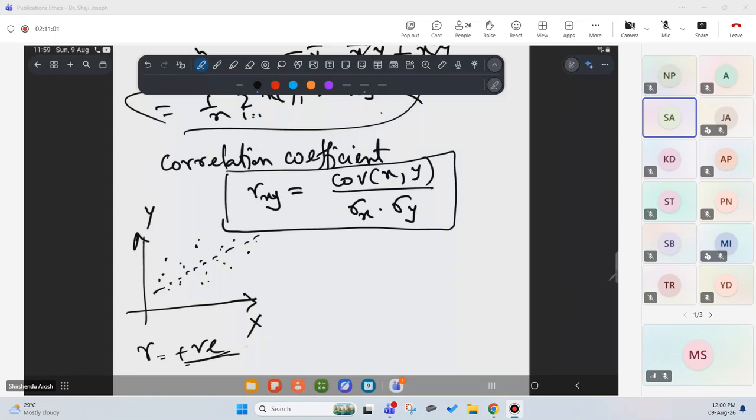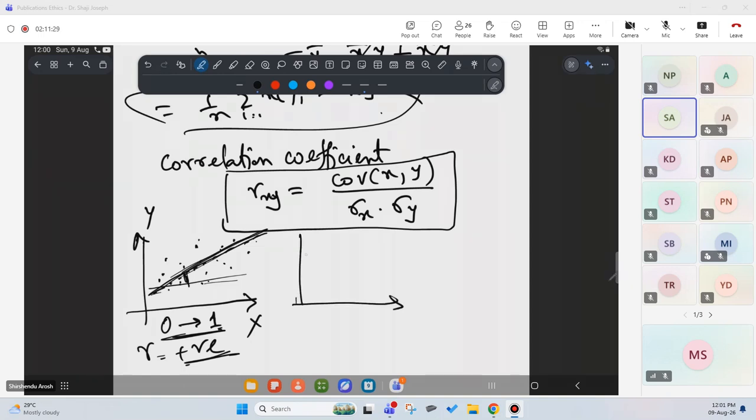If x is decreasing, y is decreasing. And if I assume one straight line from this data, the slope would be a positive slope. In this case, this is called positively correlated. So typically any number from 0 to 1 comes under this scenario, the positively correlated situation.